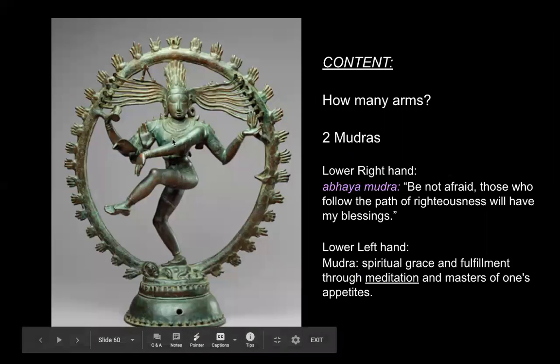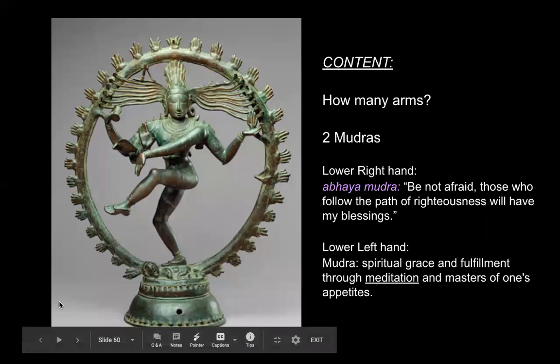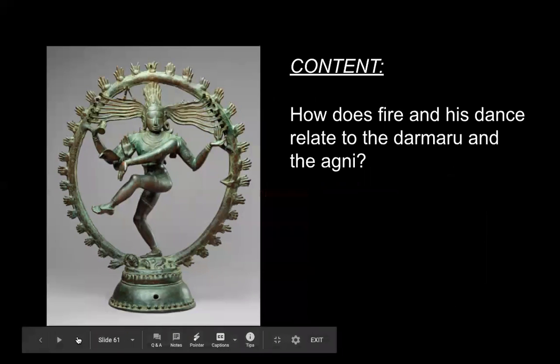If you notice, he's got 1, 2, 3, 4 arms. His lower right hand is in the mudra that says do not be afraid, follow the path of the righteous, you will have my blessing. In the lower left, he has that spiritual meditation and oneness, right?